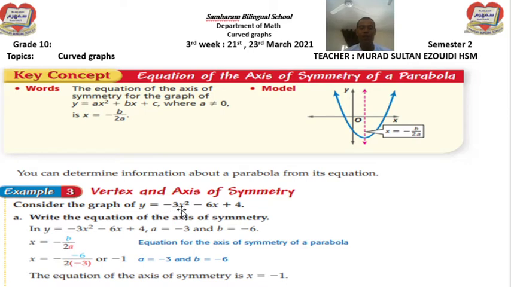Negative 1 squared is 1, so negative 3 multiplied by 1, minus 3 plus 6, it will be 3, plus 4, it will be 7. So this quadratic equation has a maximum at the point (negative 1, 7).